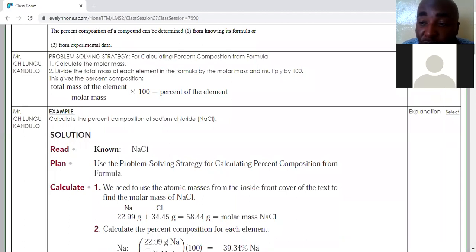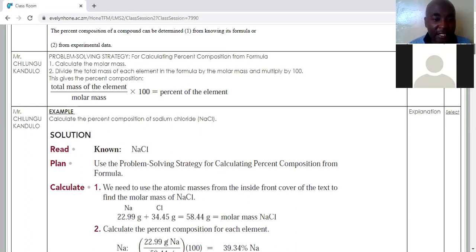You should just know how to change the subject of the formula. That's key for science. They can also give you the percent and the total mass of the element, then ask you for the molar mass. It's very acceptable. So you must know that these things are useful in different ways.